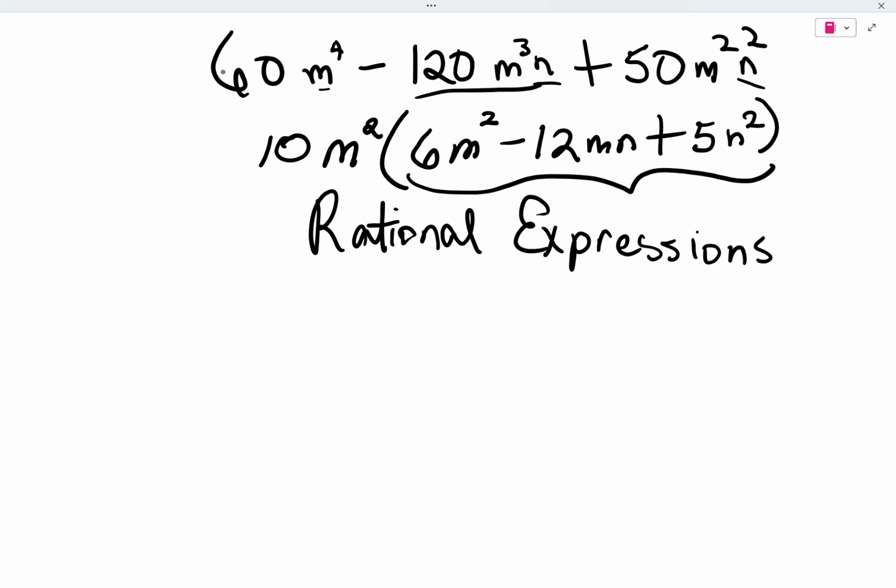What if I have something like 5x squared over 55x? Can you reduce that?